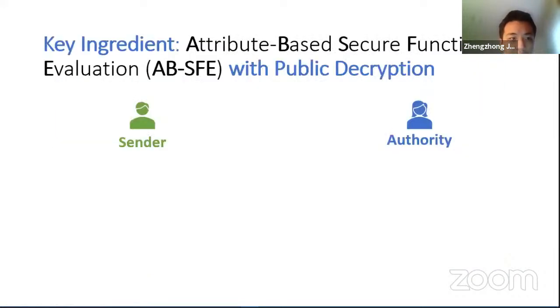To obtain our result, our key ingredient is the following: attribute-based secure function evaluation with the public decryption property. Such a primitive is a two-party protocol between a sender and an authority, where the authority holds some policy P, encodes this policy P as some public key, and sends it to the sender.